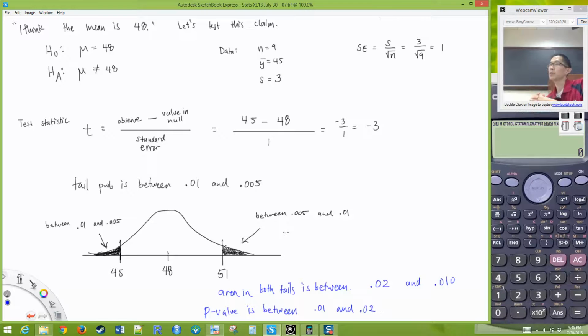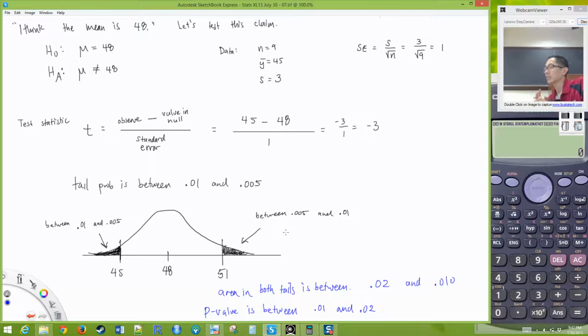Do we say, well, it happens between 1 and 2% of the time, so it could have been a result of random chance? Or do we say 1 and 2%, that's pretty rare, so I'm more willing to say it didn't happen by random chance, and that this claim that the mean is 48 is actually wrong. It's like an outlier out there.